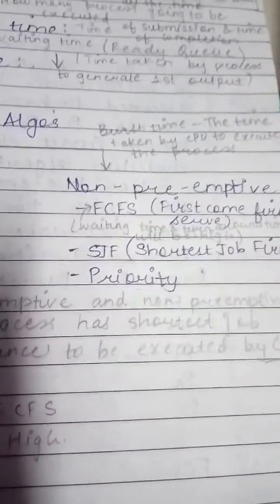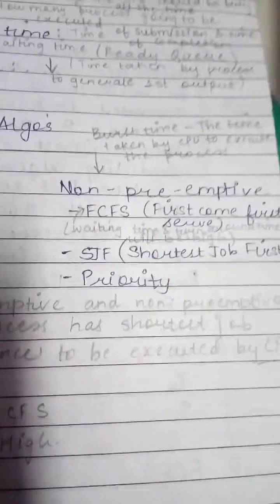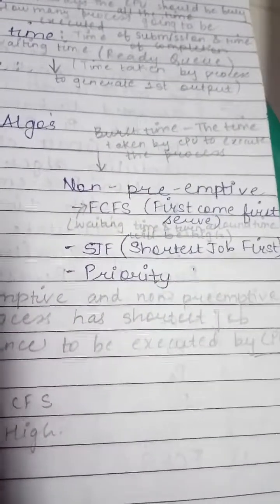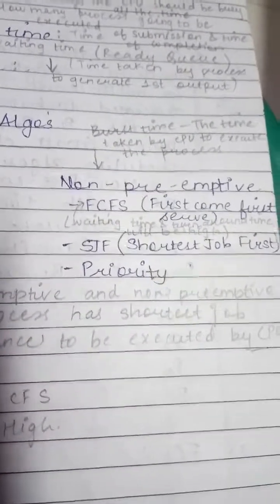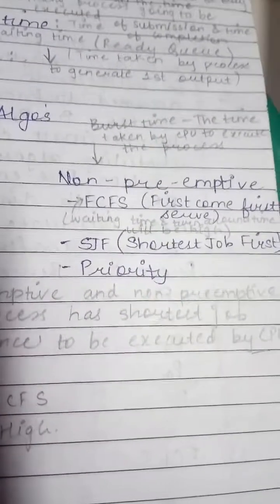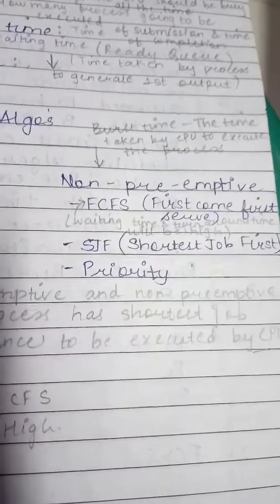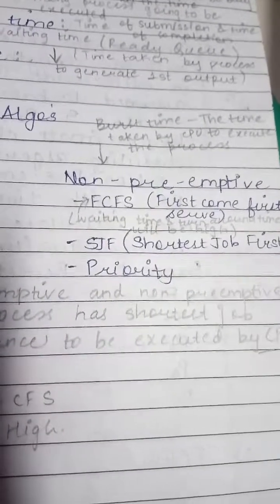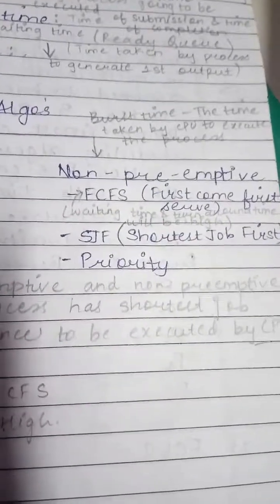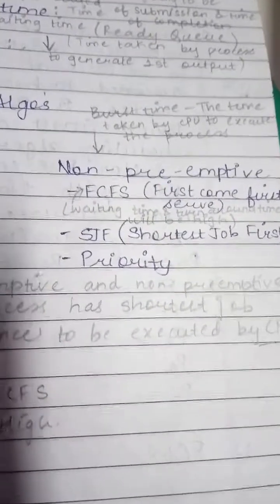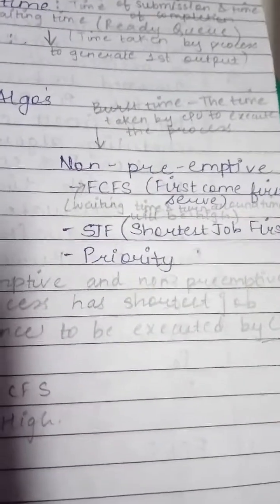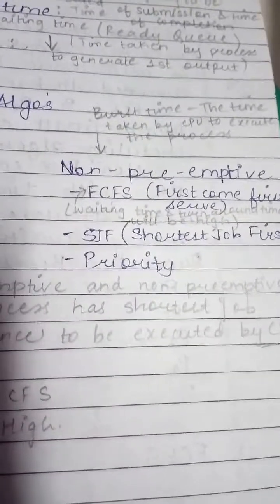Each process is assigned a burst time. The process which has the shortest burst time will get executed first. And if after a process has been executed another process arrives which has a burst time less than the process being executed, it will not stop.